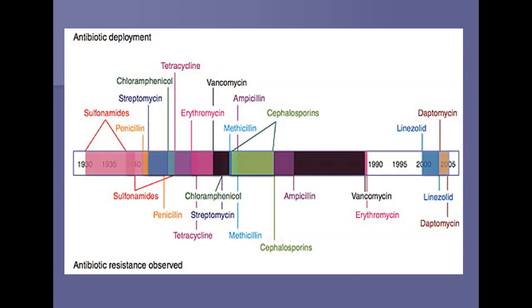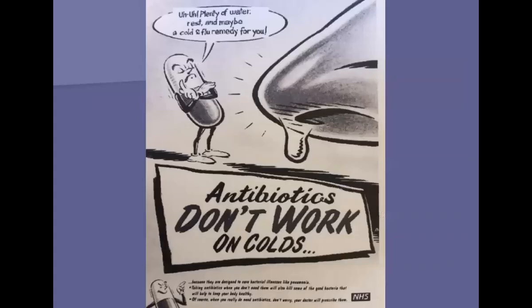And daptomycin came on the market around that time, and by 2005, we start seeing daptomycin resistance. So the bugs, we think we're getting smarter, but the bugs are just as wily, if not wilier than we are, and outsmarting us to some degree. So we have to be judicious about what we're doing with antibiotics.